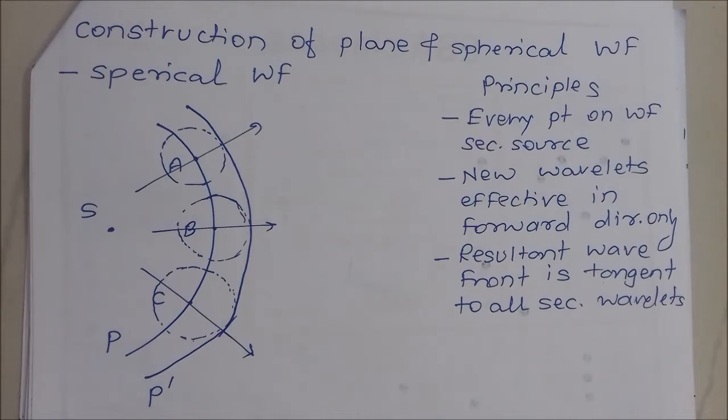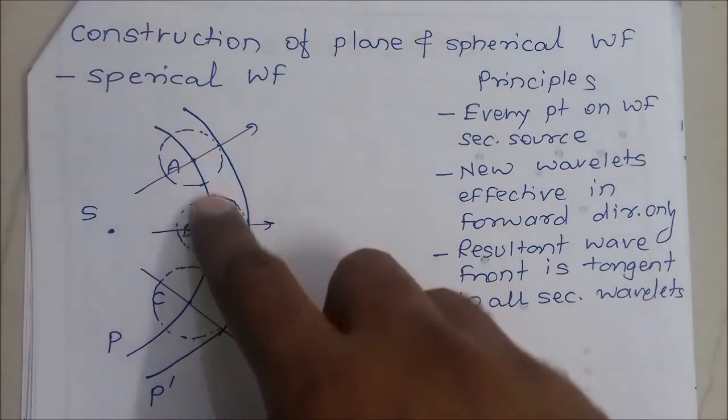Construction of plane and spherical wavefronts. These are the principles used for construction of a new wavefront. Every point on the wavefront acts as a secondary source. So this is the original wavefront.